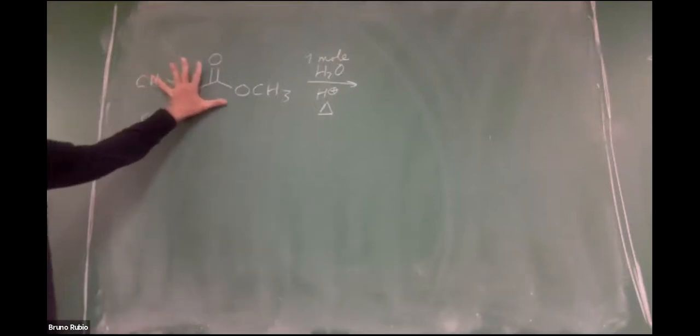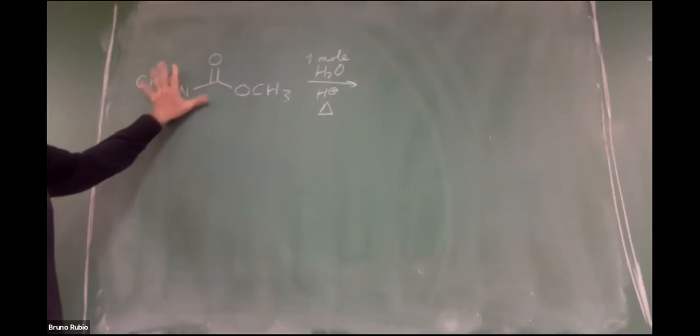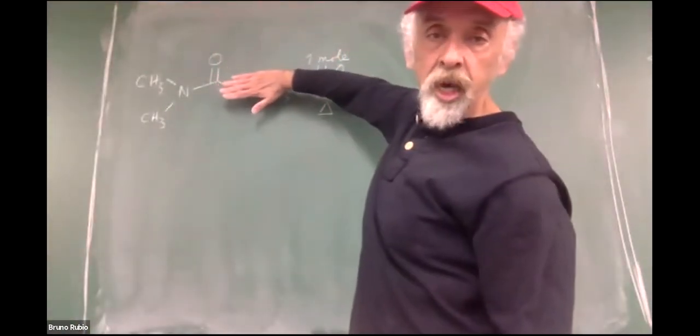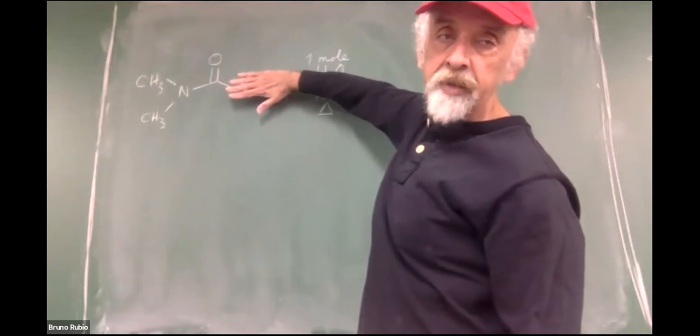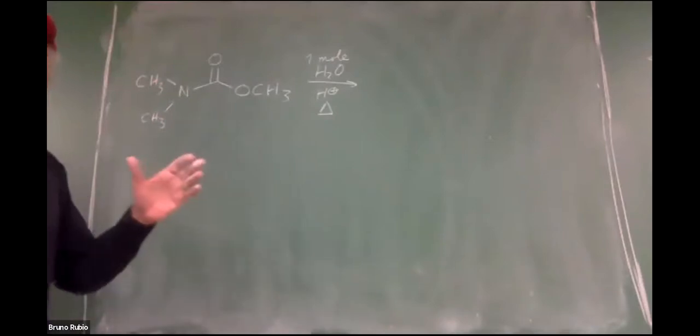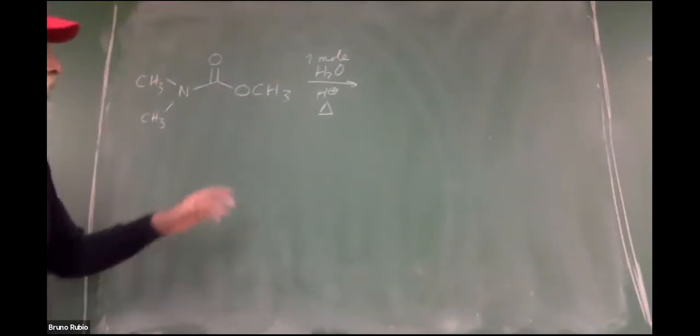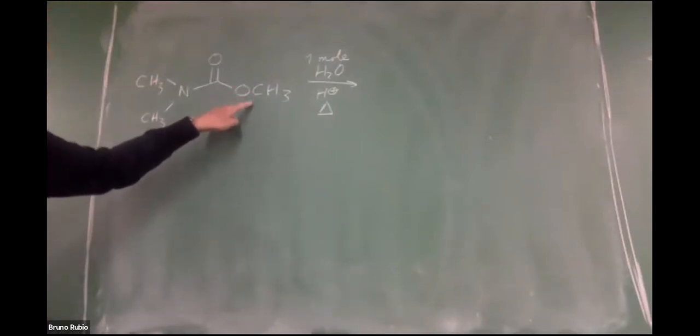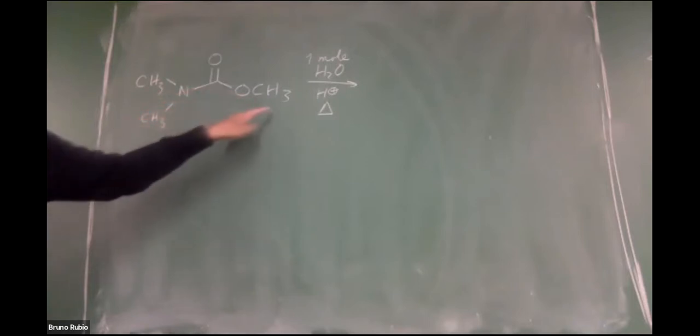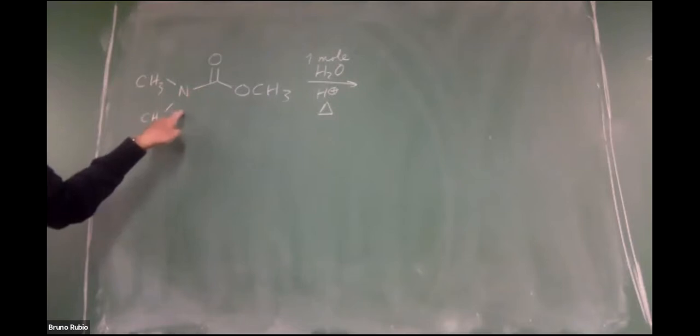Starting material here is acyl on both sides. If you cover up this part, you see a carbonyl carbon bonded to something that's not carbon, not hydrogen. That's acyl. If you cover up this side, you see a carbonyl carbon that's bonded to something that's not carbon, not hydrogen. That's acyl. What's going to happen? Well, if you look at that reactivity ladder, we see what's more reactive, an ester or an amide. An ester is more reactive than an amide.